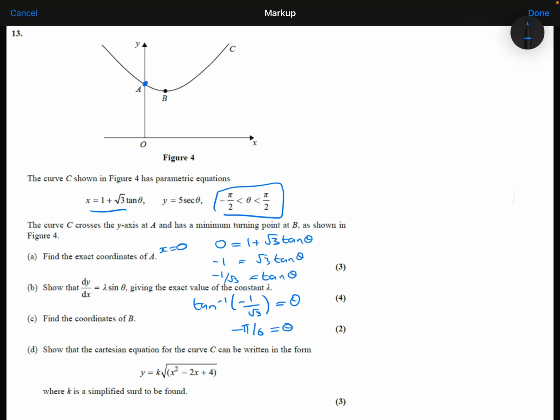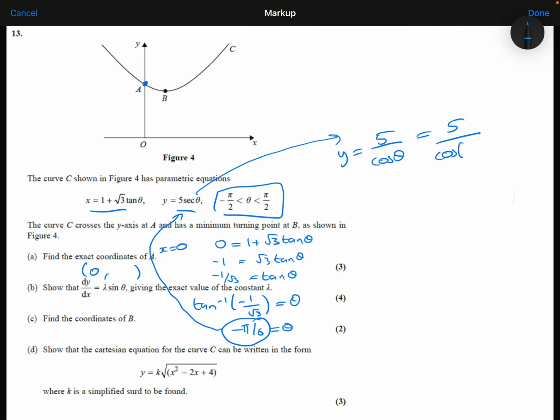So to work out the exact coordinates of A, like I said, I know the x coordinate is 0. I now need to know the y coordinate. So I want to substitute the minus pi over 6 in here. Obviously, I can't substitute that directly into sec, but I can substitute it into cos. So I'm going to rewrite the 5 sec theta as 5 over cos theta.